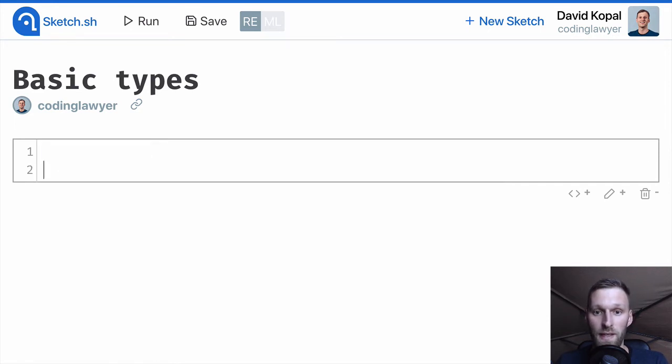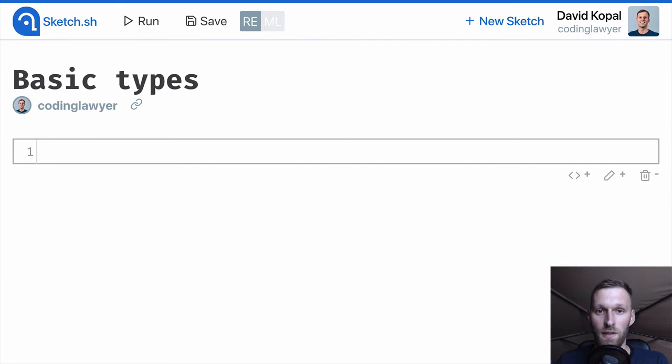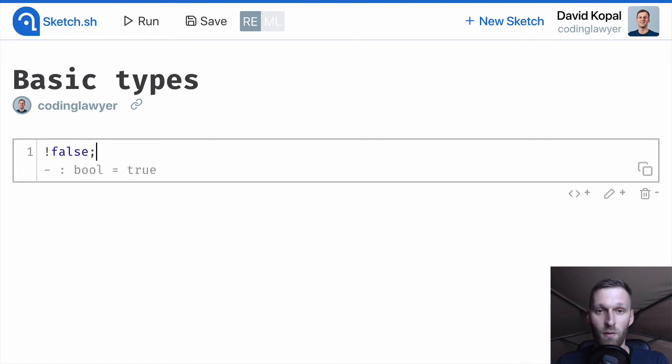Now, let's talk about negation. You can think of negation as a logical NOT, and it's represented with an exclamation sign. Now, in this example, we negated false, so we got back true.